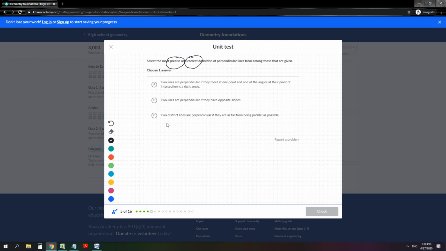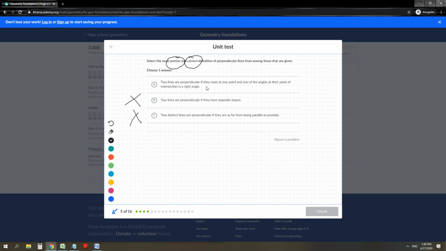Two distinct lines are perpendicular if they are as far from being parallel as possible. I don't even know what that means. So this is not a very good answer, right? So we're just going to ignore this. The one up here, two lines are perpendicular if they have opposite slopes. What do they mean by opposite slopes? We're not really sure what that is.